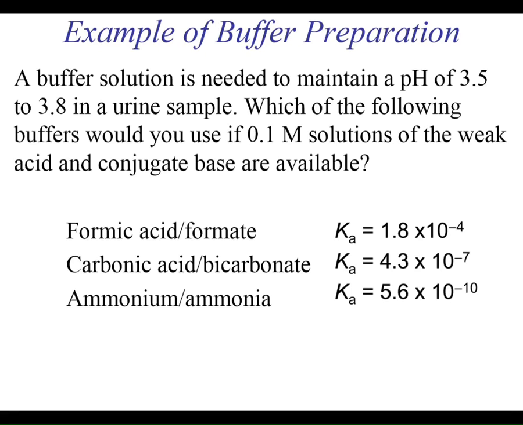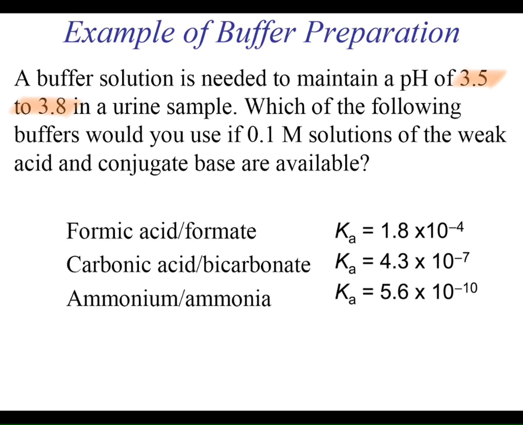Now, one last thing. How do you know what combination to pick? It depends on what you want your pH to be. So let's say you want a buffer that will keep the pH around 3.5 to 3.8. Then I need to pick a combination that's going to give me a pH of around 3.5 to 3.8.